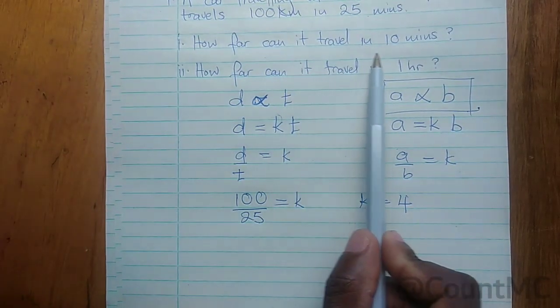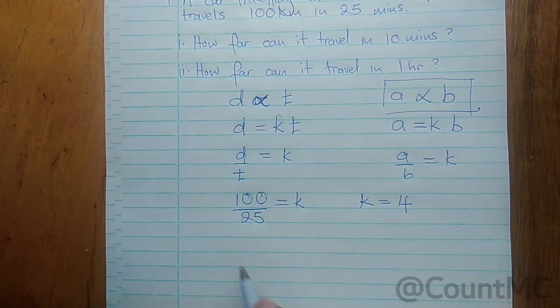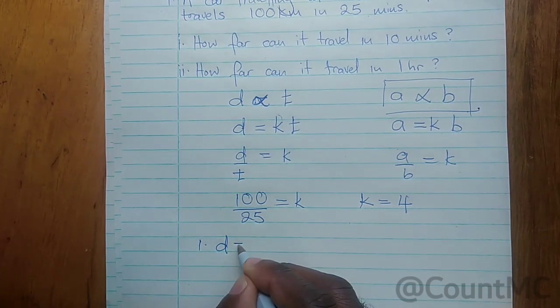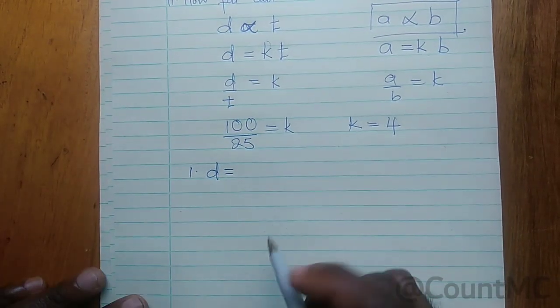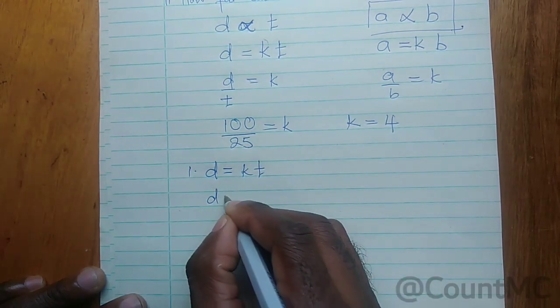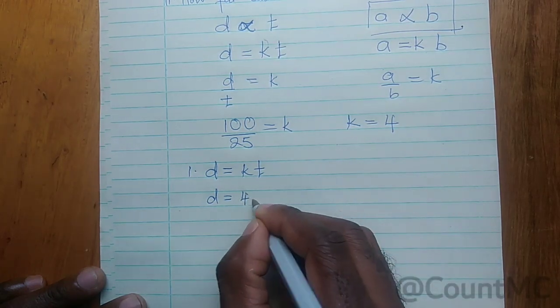How far can it travel in 10 minutes? How far is the distance? So question number 1, distance is equals to K times T. Distance equals to, we know what K is. K is 4.